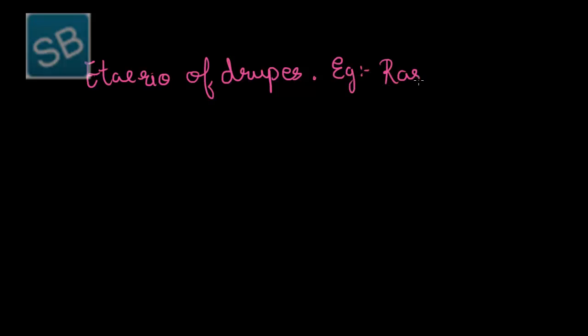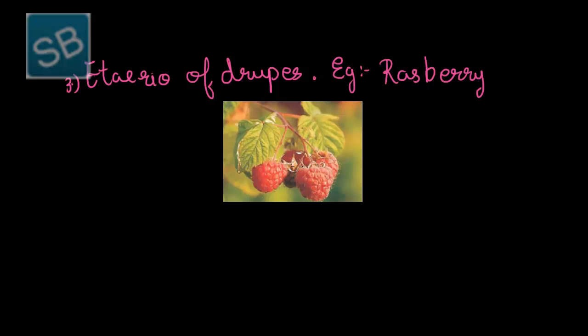Third type is etaerio of drupes, an example for which is raspberry. This figure depicts the etaerio of drupes, that is raspberry. Thus, the three explained here are basically three major types of aggregate fruits.